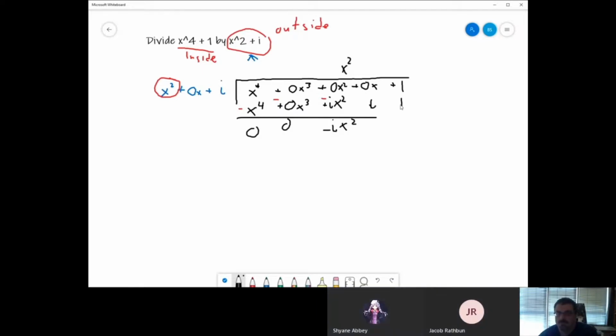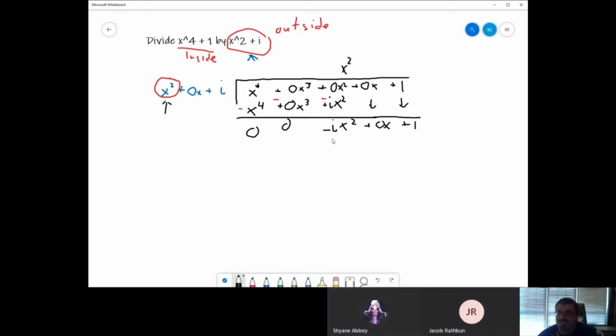Bring everybody down. Plus 0x plus 1. All right. So what do you have to multiply this guy right here, x squared, by to get minus i x squared? Should just be that coefficient, so I'm going to multiply minus i.